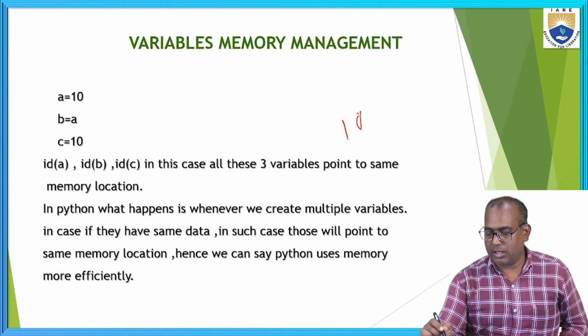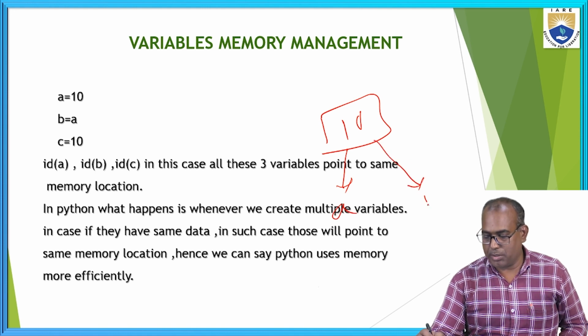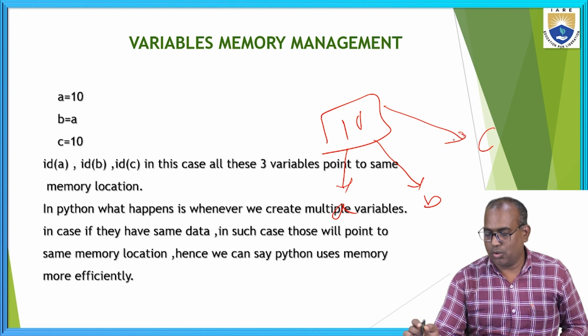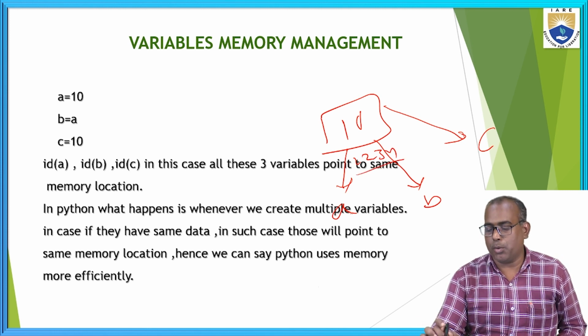So I am storing 10 in a memory location. This a is pointing to this memory location, b is pointing to this memory location, and c is pointing to this memory location. We get some address, for example. These three variables are pointing to the same memory location.